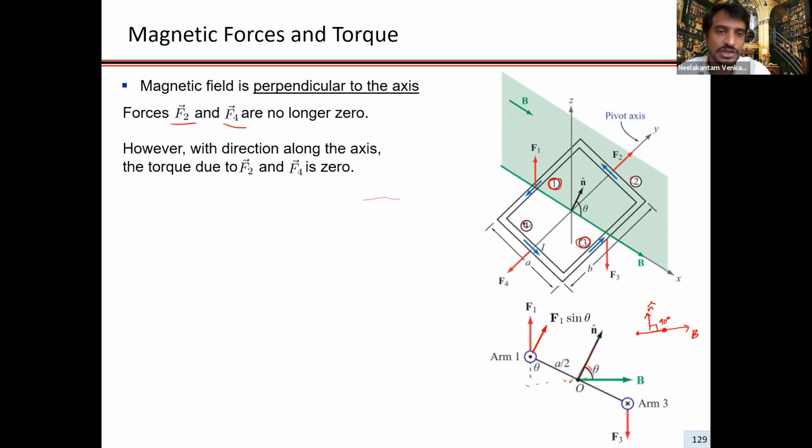If you look at the picture, there is a B cross I. You would have a force going in this direction from section 4, and for section 2, a force going out like this. This is F4 and this is F2. They're pulling the coil. They are not rotating it, so they are not going to contribute to the torque. Even though they are no longer zero, it does not matter, because they're not going to cause rotational motion.